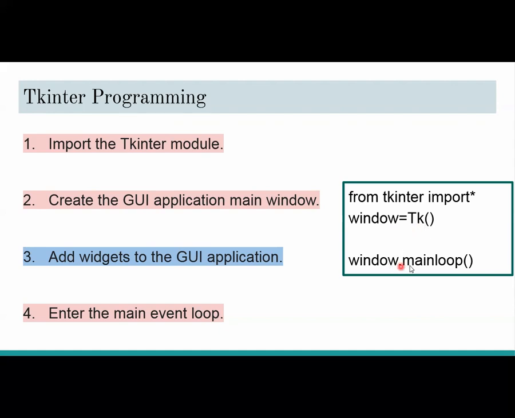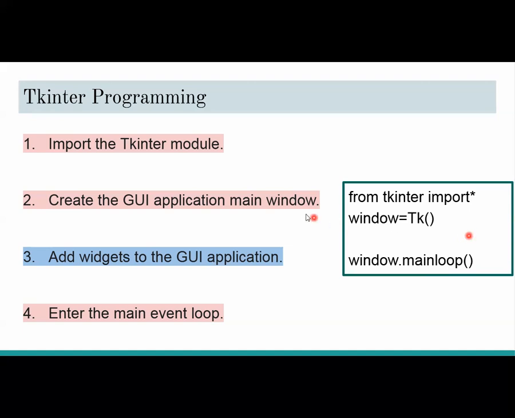And we have to run that window, so we have used window dot mainloop. What will mainloop do? It will execute your window. It is an infinite loop, in fact. The window will stay on the screen indefinitely. If you want to close it, you can close it by using the cross button.